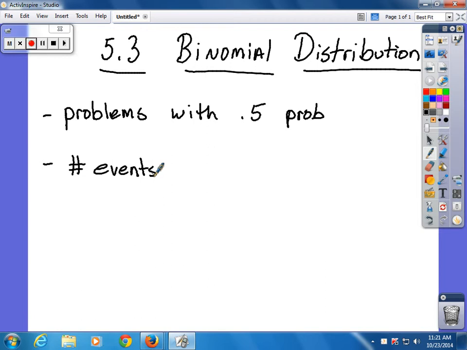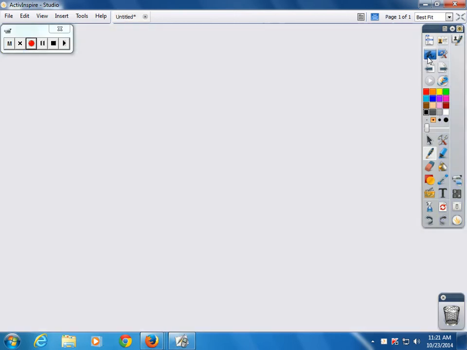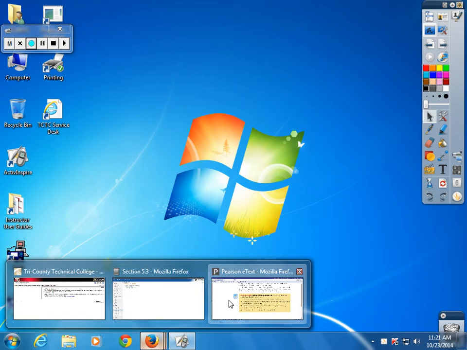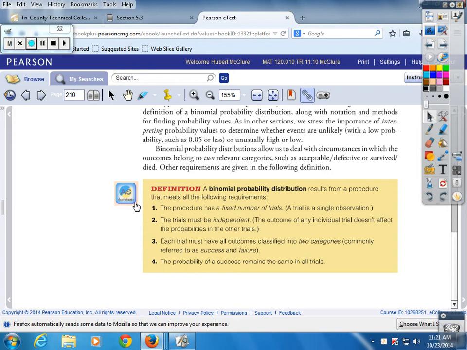In all this, you don't have to write it down because you can find it on the first page right here. There they are, page 210. Fixed number of trials. Trials must be independent. That means you have to replace the marble.